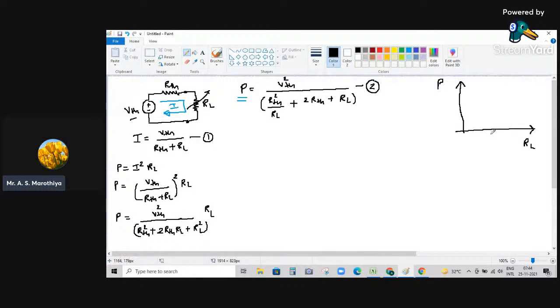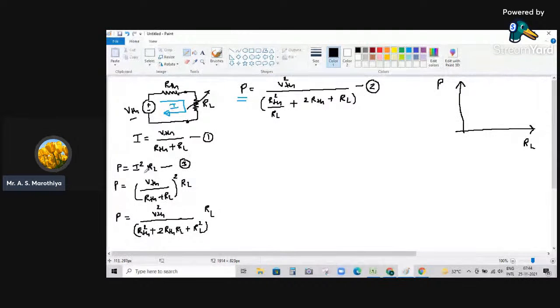Now you tell me how the variation of power is going to be with respect to RL. To find out the variation of P with respect to RL, just focus on equation number 1, and let this be equation number 3.